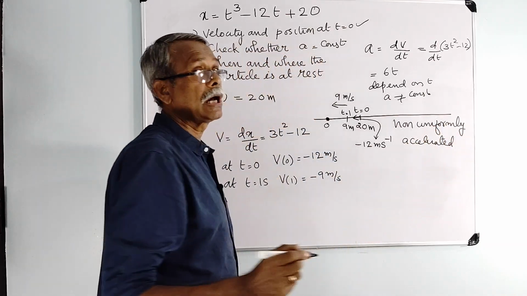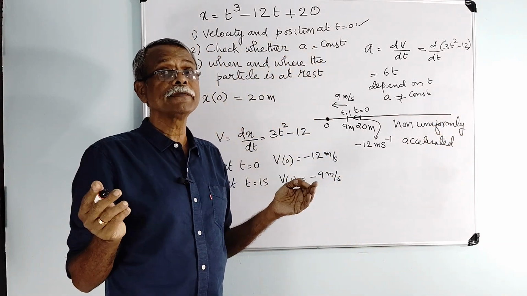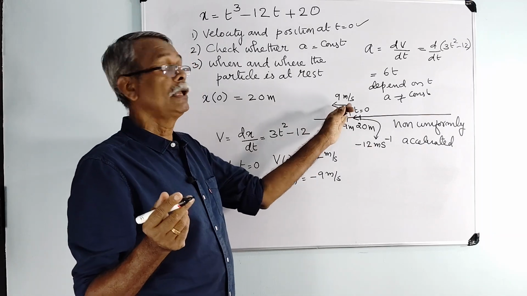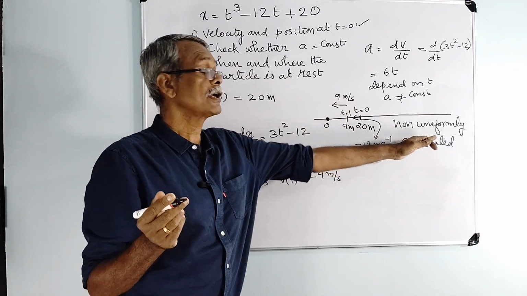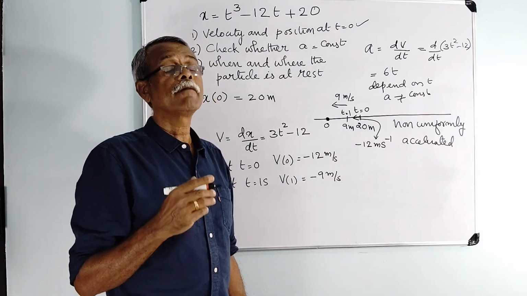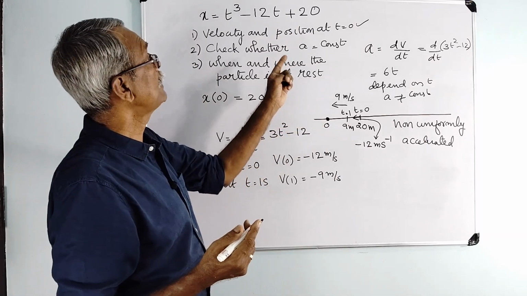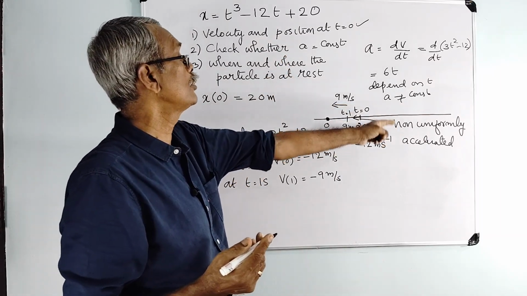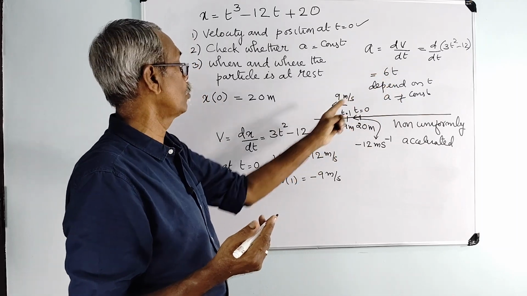Remember that if you are asked to calculate the average speed and velocities, they will not be equal in this particular case, because acceleration is not a constant. Acceleration varies with time. And also you can see that at t is equal to 0, the acceleration is 0.